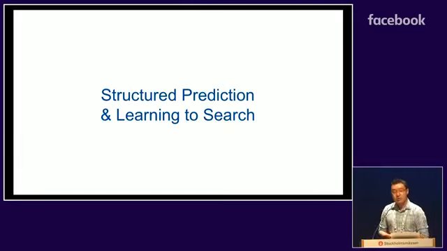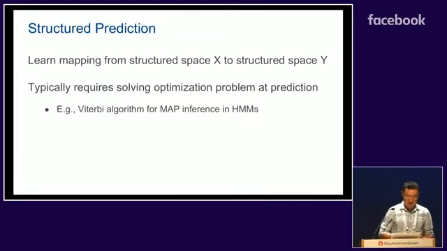Next, I'm going to move on to imitation learning for structured prediction and learning to search. So structured prediction, the idea is to learn a mapping from some structured input space X to some structured output space Y, right? And typically, because the output space is structured and often combinatorially large, this requires solving an optimization problem at prediction time.